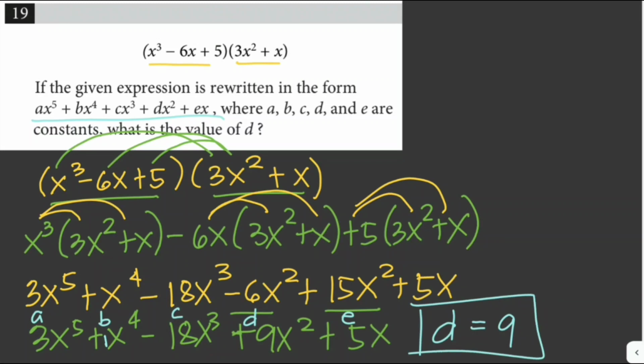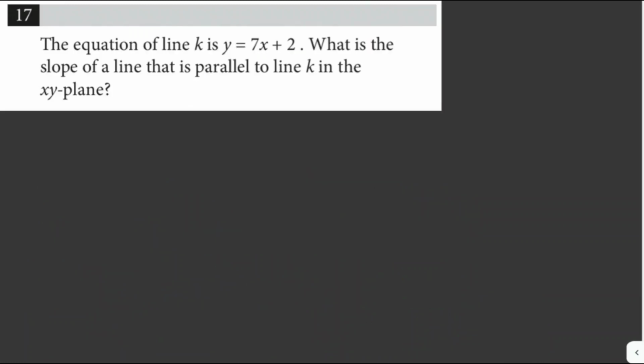Okay, let's solve another problem. The equation of line k is y equals 7x plus 2. What is the slope of a line that is parallel to line k in the xy plane?